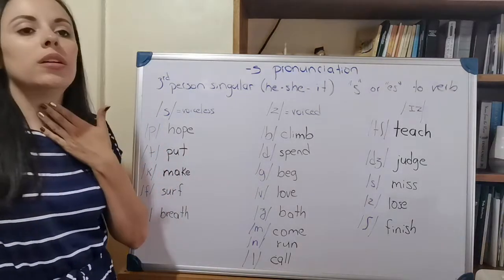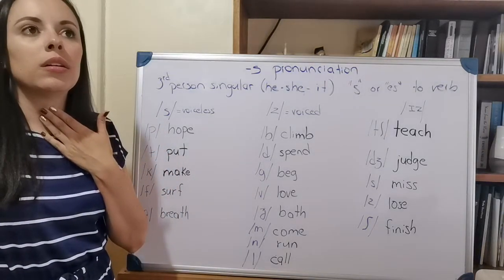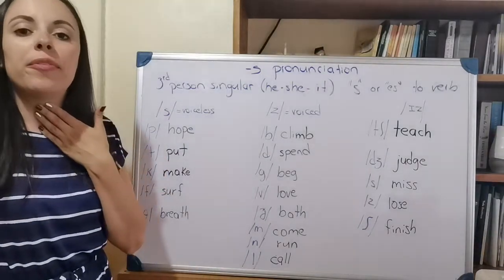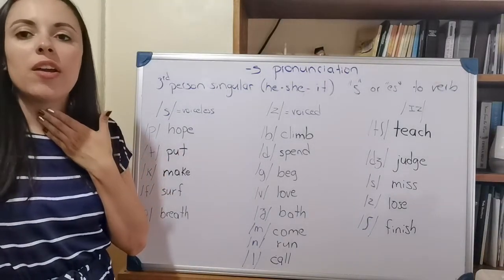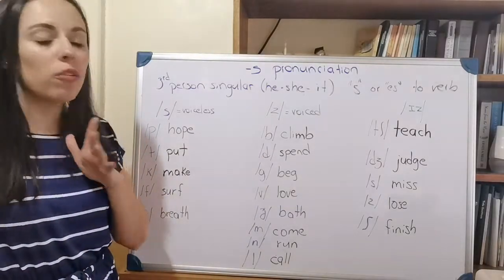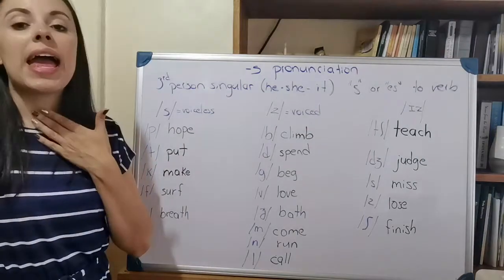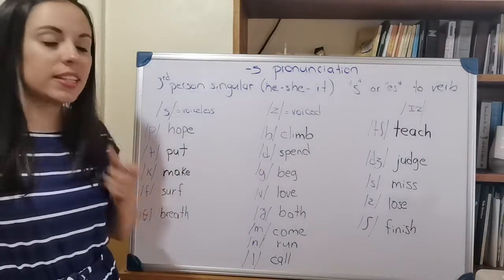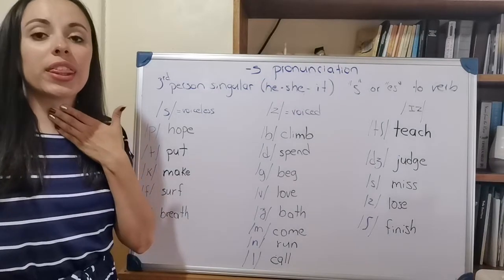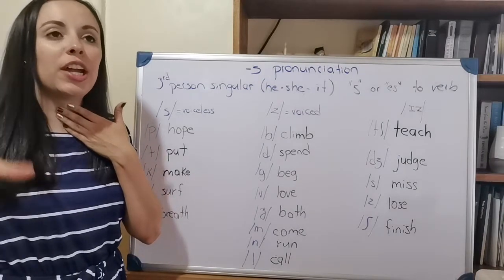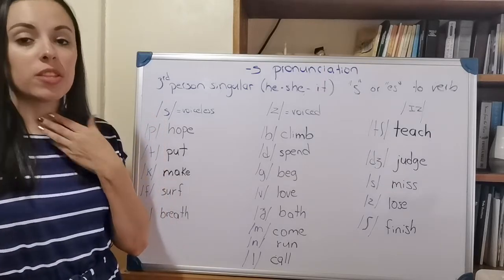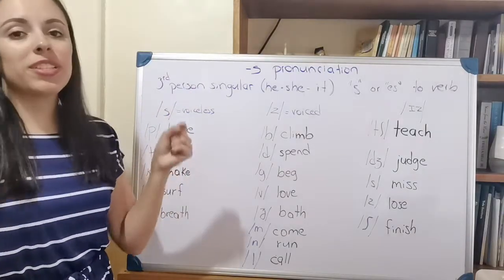The same with k, k, k. No vibration. F, nothing, right? No vibration. And this sound is a TH, voiceless TH. There's only air going out, but there's no vibration here. So those are the voiceless sounds.